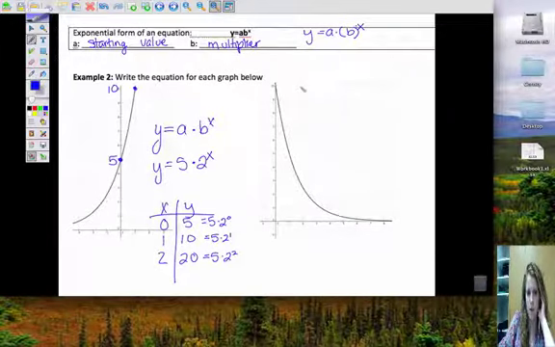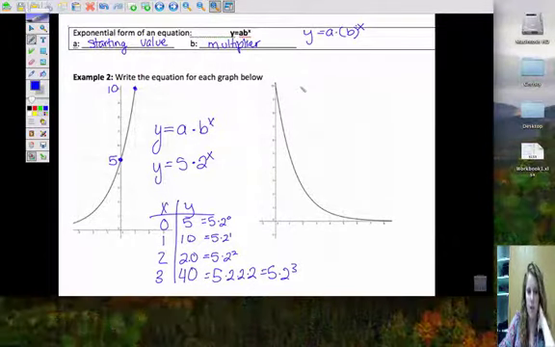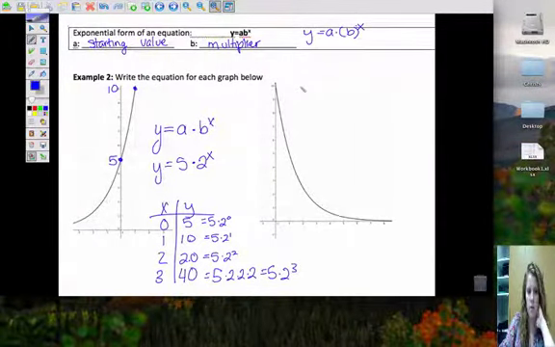So 2 squared is 4, 5 times 4 is 20. All right, or 5 times 2 times 2. Okay, so if we had 3 here, that would be 40, and that would be 5 times 2 times 2 times 2, or 5 times 2 to the third power. So that exponent here is our x. It's our cycle, if you want to think of it in terms of the contagion.